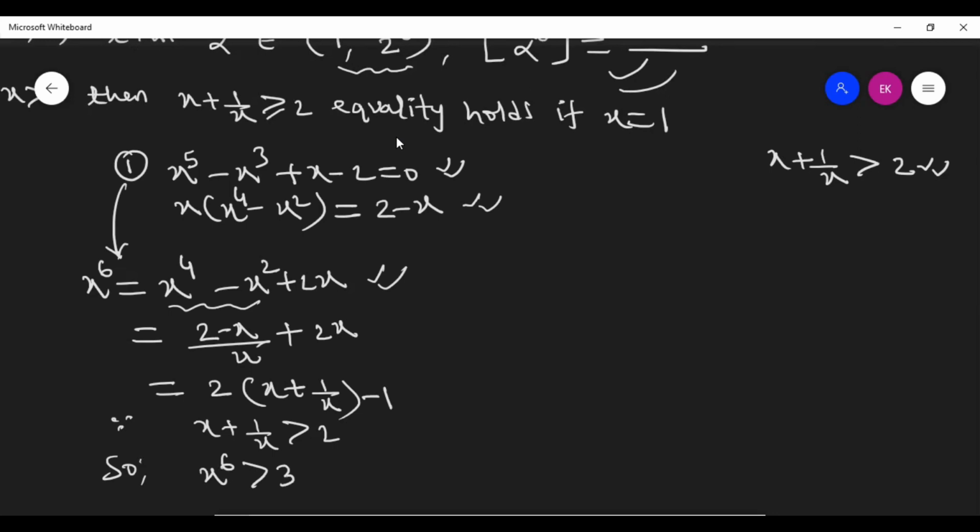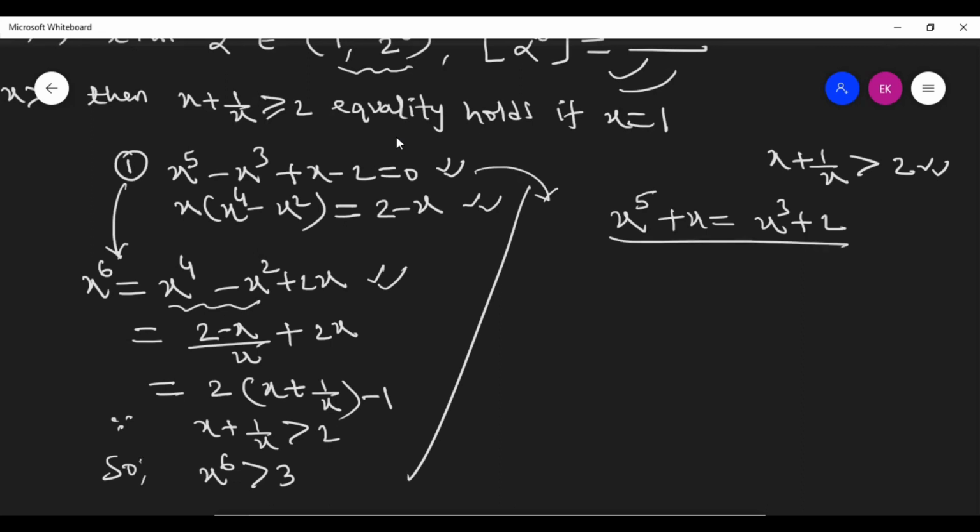So far, we have got only the lower bound. Now we will find the upper bound of x to the power 6. For that, from equation 1, x to the power 5 plus x equals x cube plus 2. So I'll divide the whole expression by x cube.